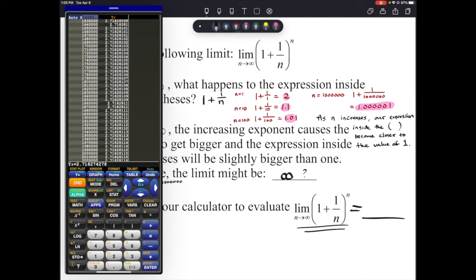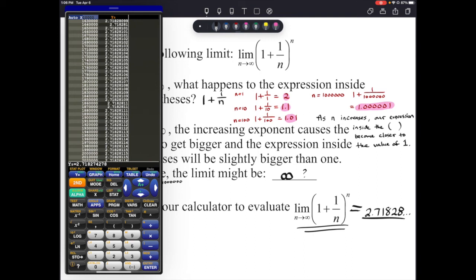So we could say that the limit we're getting for this one would be about 2.718, and then we could say 28. We know this is going to go on forever, so we'll just leave it there for right now.